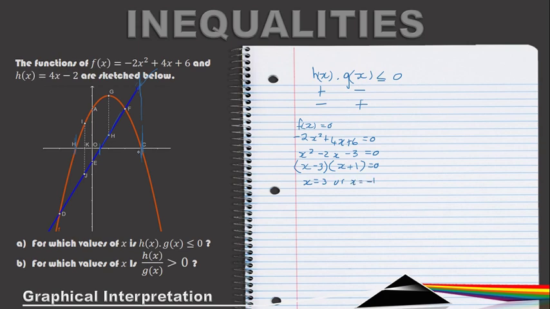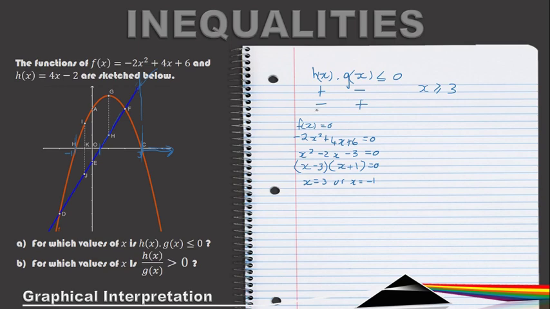So this is at 3, this is at minus 1. So for the first condition, my h(x) is positive and my g(x) is negative where x is greater than or equal to 3.